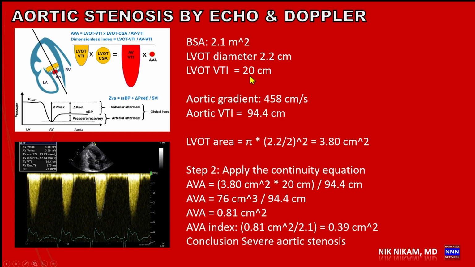Obviously here the aortic valve area is less than 20%. If it's less than 25%, then it is supposed to be critical severe aortic stenosis.